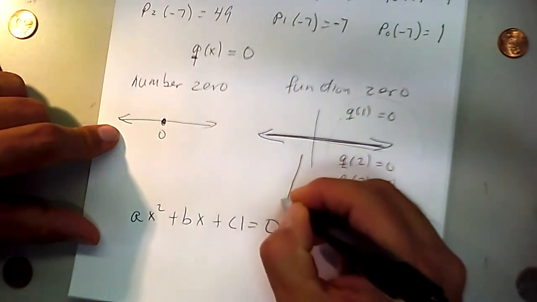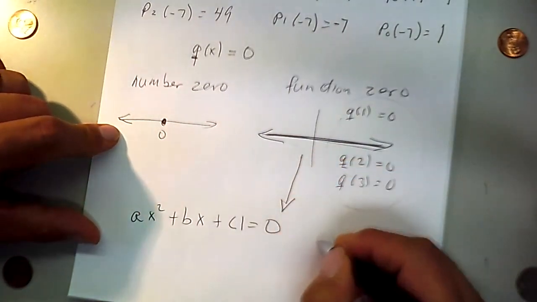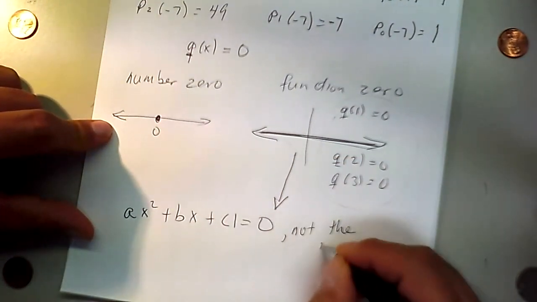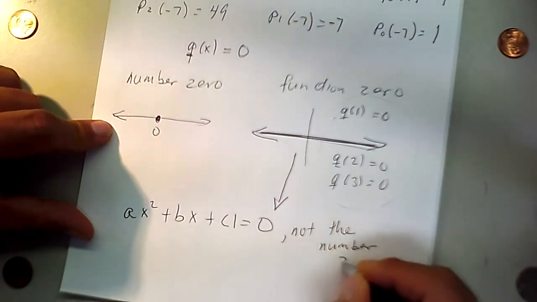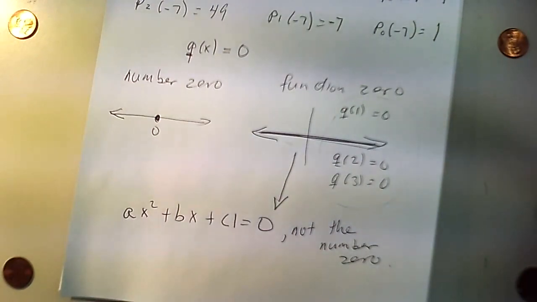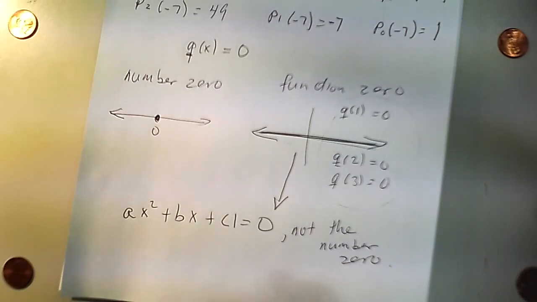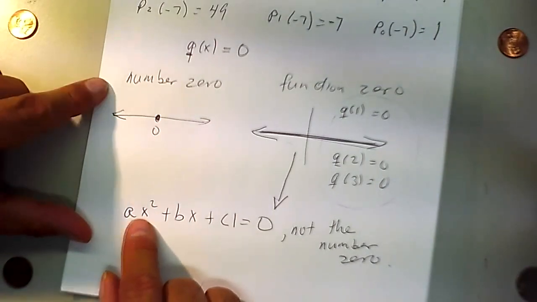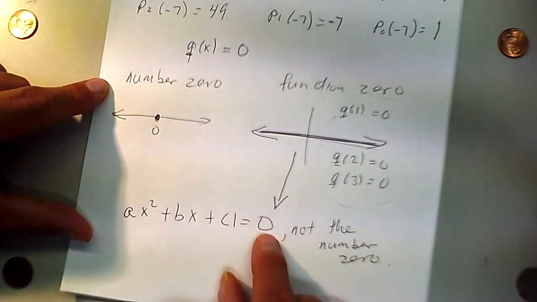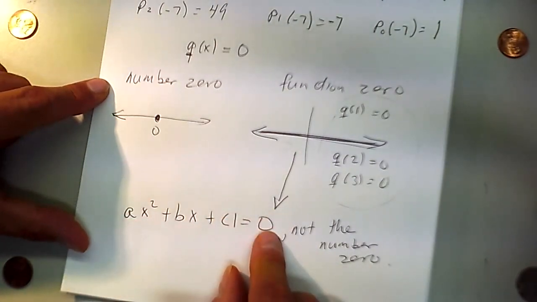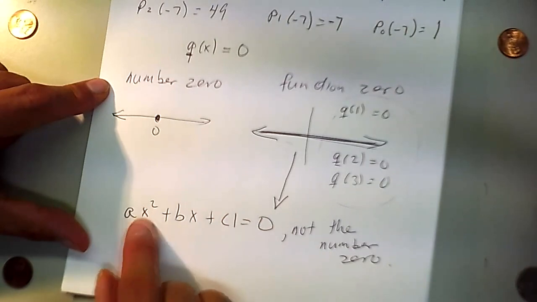This is the function 0, not the number 0. See, many of us may be thinking, oh, all I have to do is apply the quadratic formula, and then I can find the values of x. No, no, no, no. Do not confuse that. This is a function equivalent to a function, not a set of numbers that give you 0. We're not trying to plug a number into x.